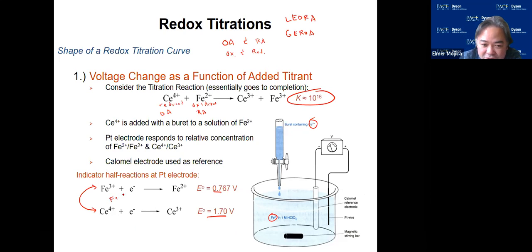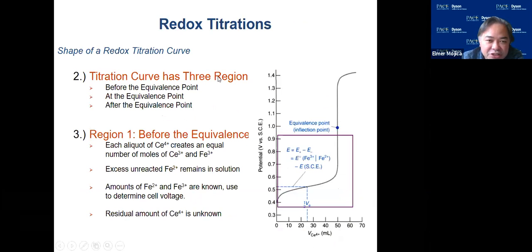So this becomes Fe3+ from Fe2+, producing an electron. Canceling out the electron gives you this overall reaction. Okay? So what does the shape look like? For those who did the experiment, this is what it should look like.